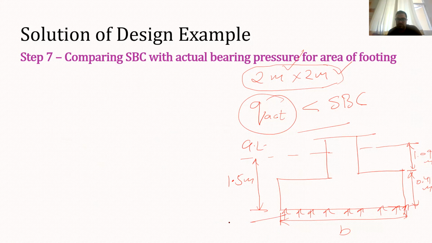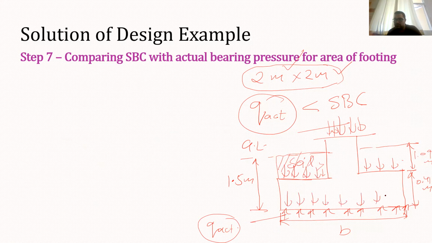Now, in this case, as we know that this is the pressure offered by the soil, and the actual pressure, if we refer to this as Q actual, what will be the actual pressure because of the load coming from the column, and also in this area there will be the soil. So because of the weight of the soil, which is directly impacting on the foundation, and at the same time the weight of this foundation is also resting on the soil. So ultimately, pressure due to this load, pressure due to soil, pressure due to foundation.